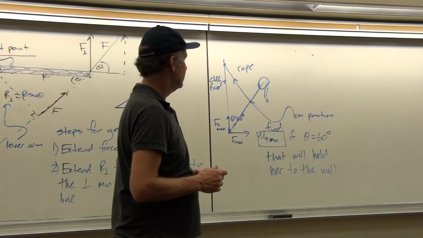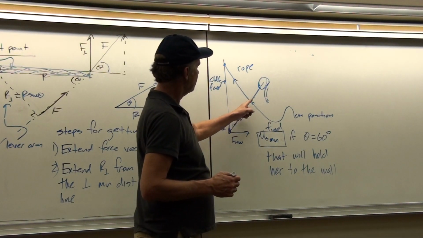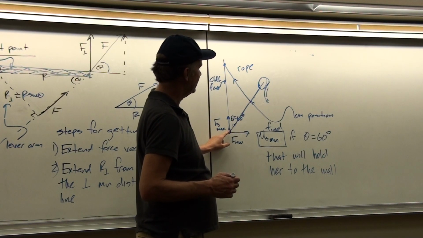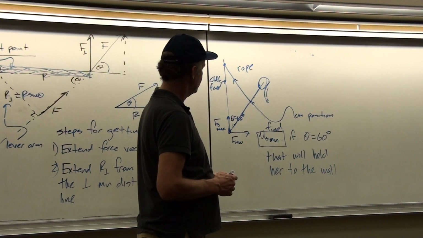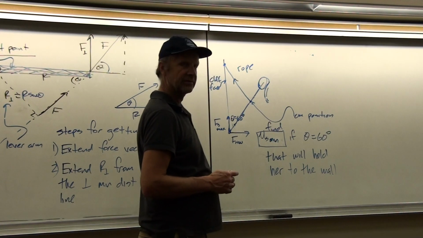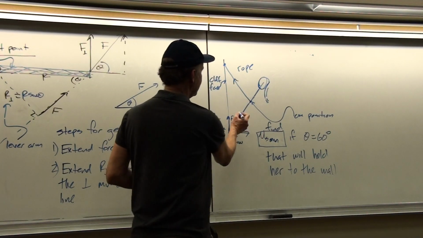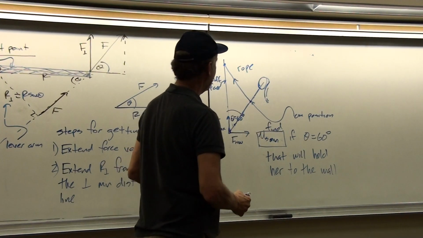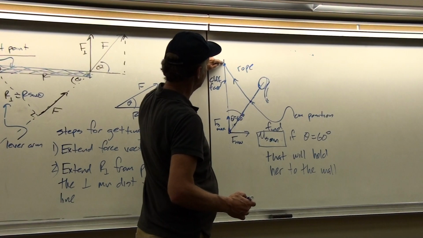Okay, now, we're not really told here exactly how far her center of mass is away from the cliff face. And we're not really even told what the mass is of her body. And yet, we know that this angle is 60 degrees, and we know that these two forces are going to act. And we don't know what this angle is for the rope.